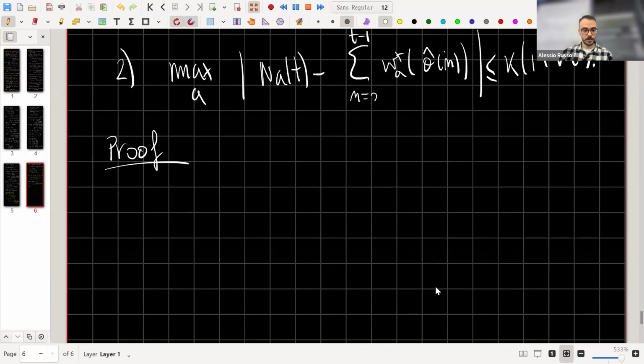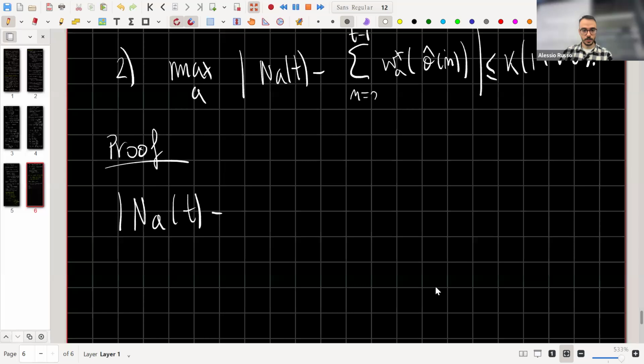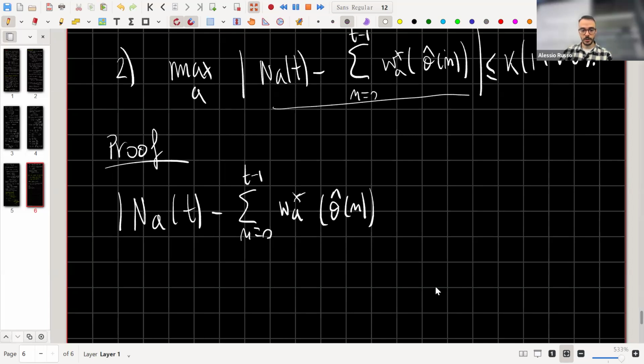Okay, so we can start by using the result in yellow. We can apply it to the C-tracking. Here we are looking at this difference. We have W star of theta hat n, and we are going to add and subtract the sum from 0 to T minus 1 of W A epsilon n of theta n.